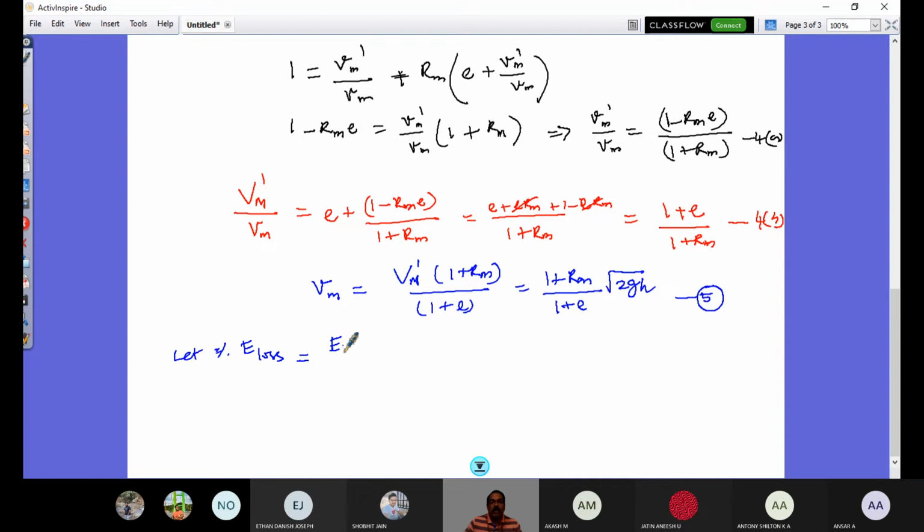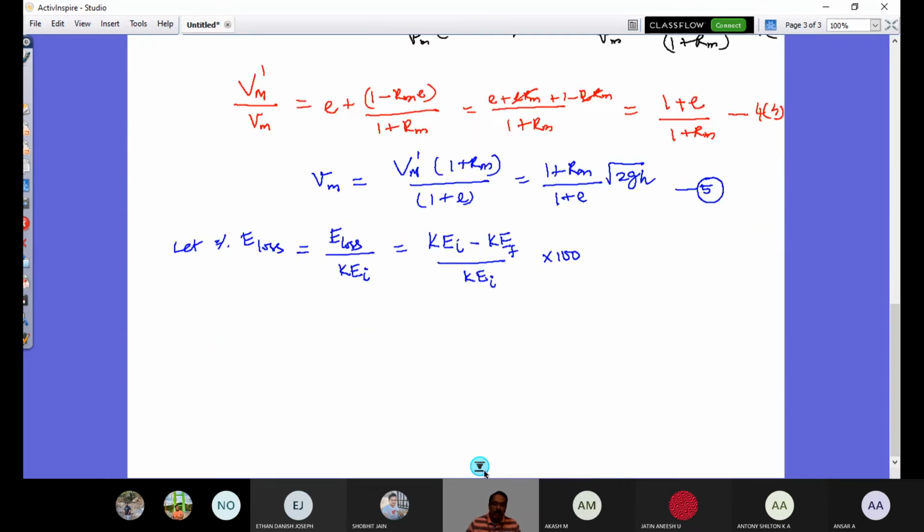Energy loss is initial kinetic energy minus final kinetic energy, by initial kinetic energy, into 100%. So let's call this 1 minus kinetic energy final by kinetic energy initial, into 100.